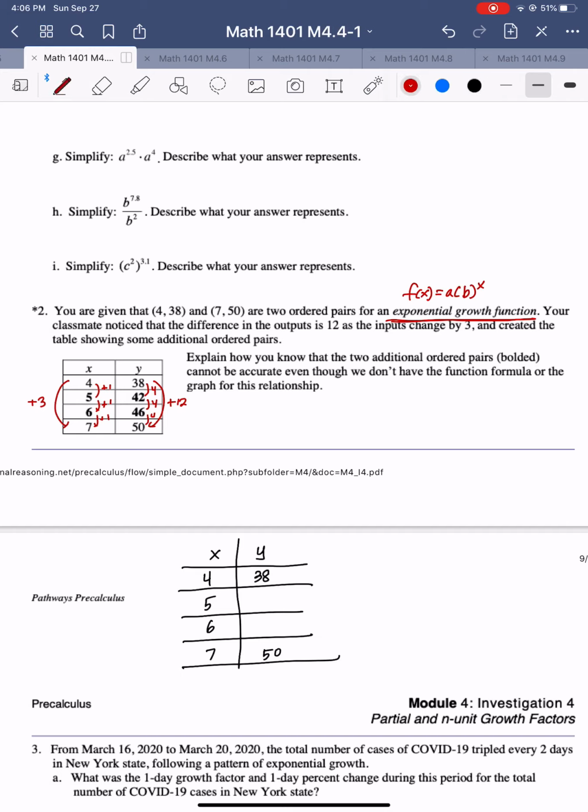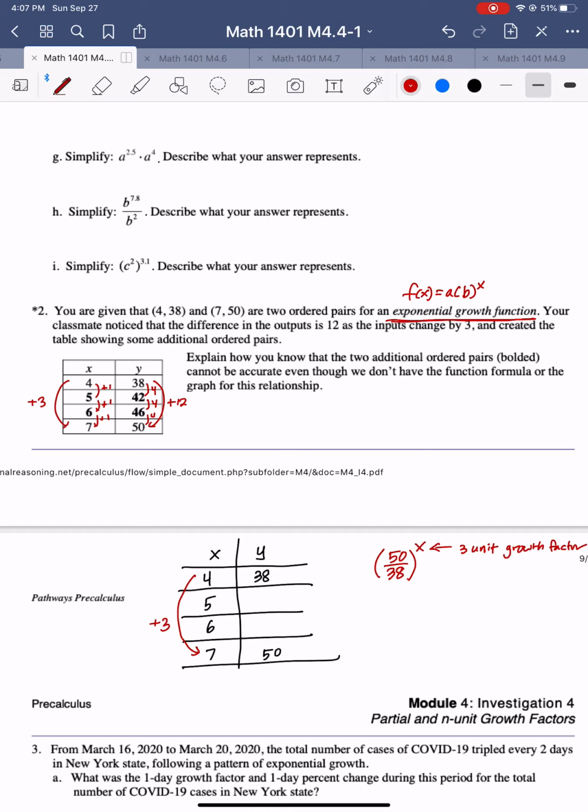So how do you figure it out? First of all, I want to see how much it has increased from 38 to 50, so 50 divided by 38. But this is actually the 3 unit growth factor, because x has been increased by 3.